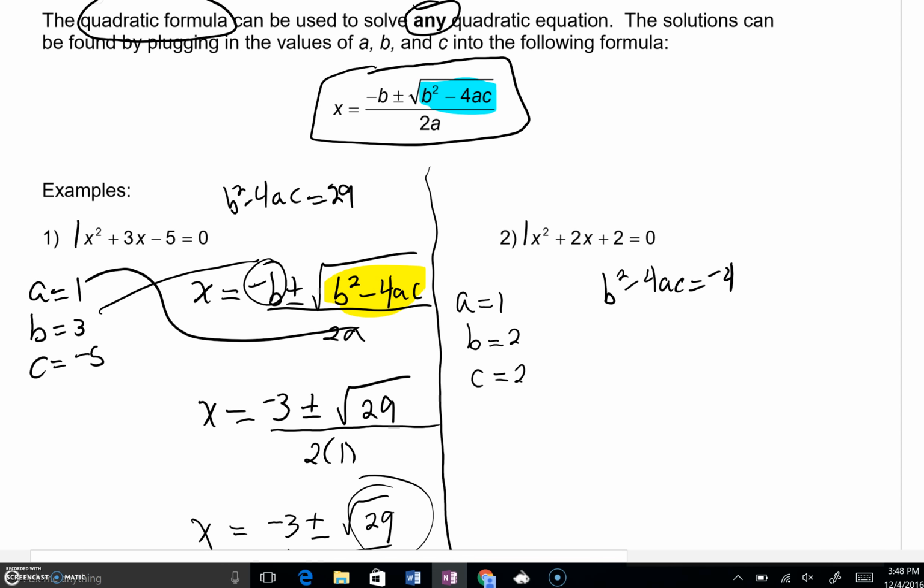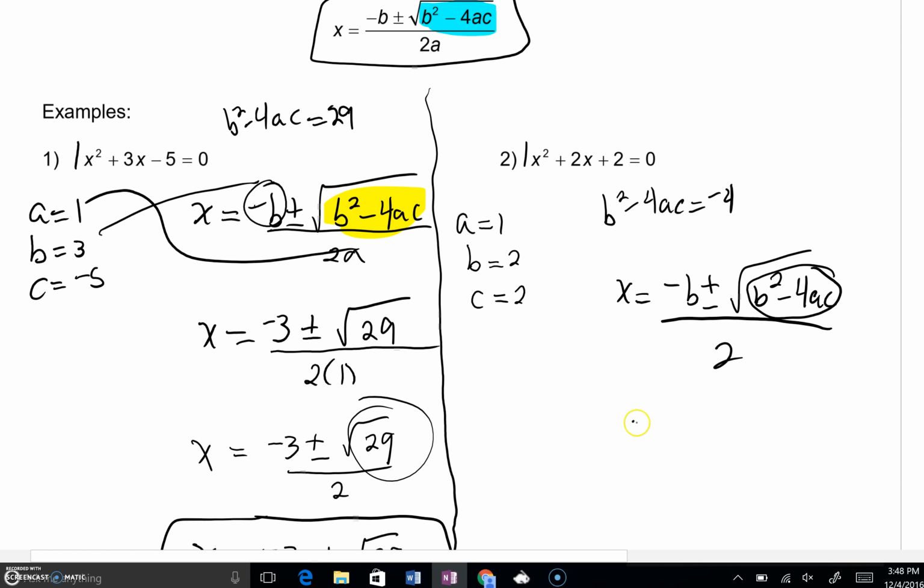We know that as we work this thing out, we're going to have answers of opposite b plus or minus the square root of b squared minus 4ac all over 2a. We now know that the inside portion here is the number -4.